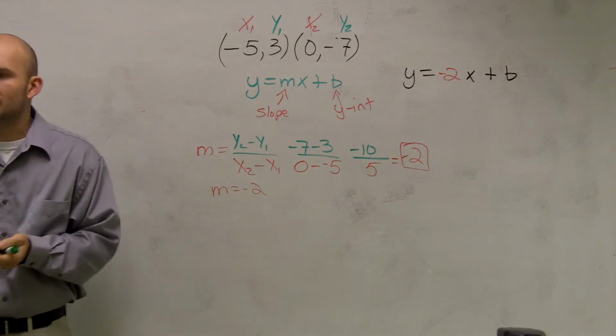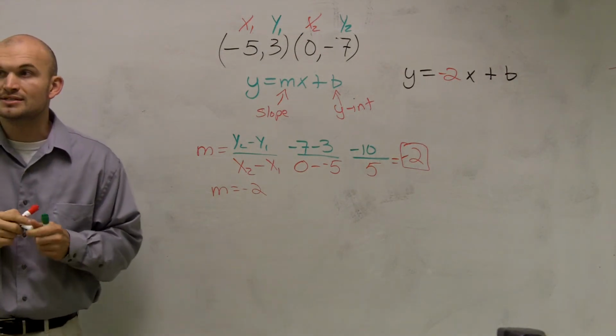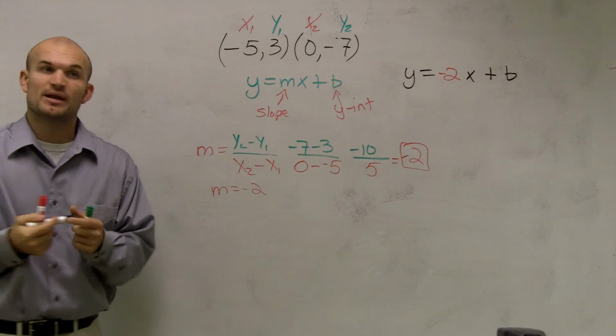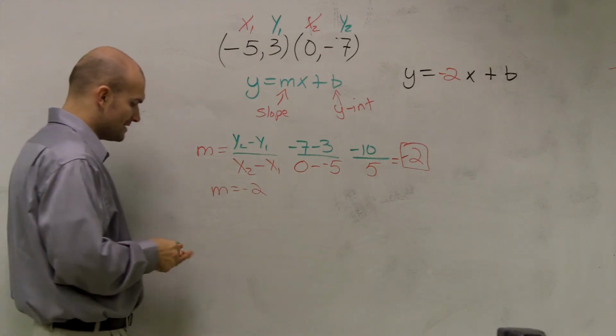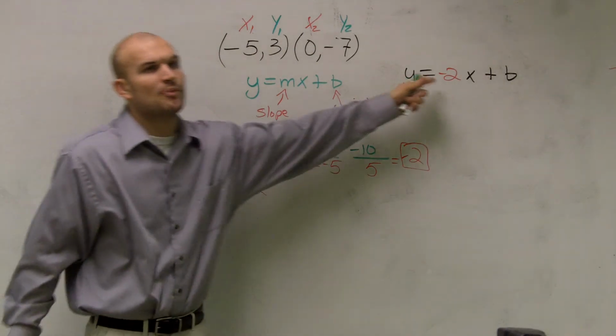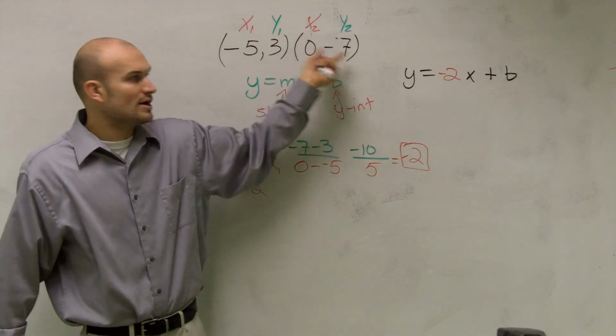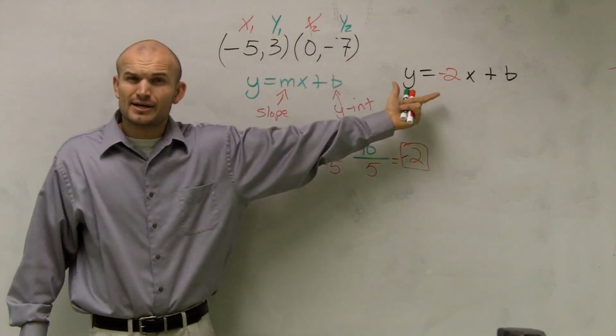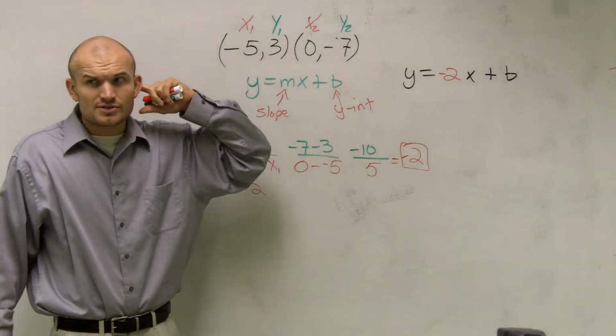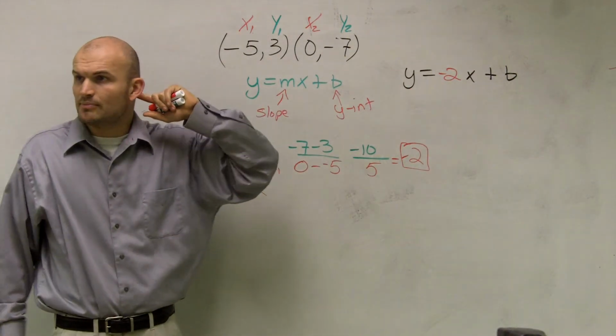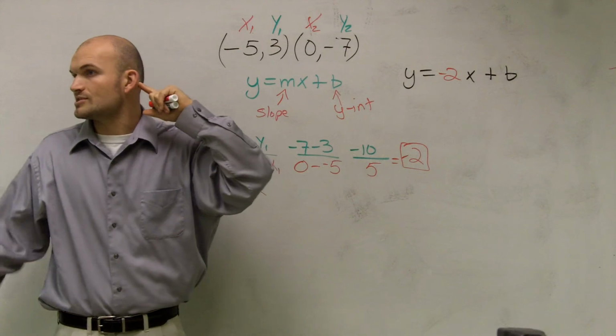Do you remember last class period? What we worked on was finding b when given a slope and a point. To do that, we had to plug a point into our equation, right? Now here, we have 2 points.